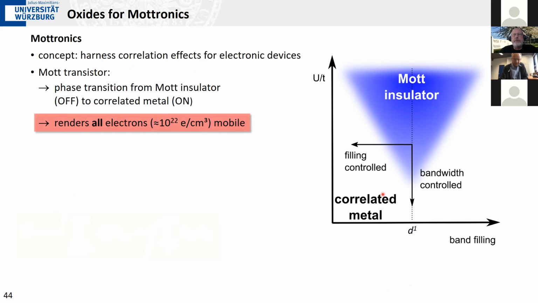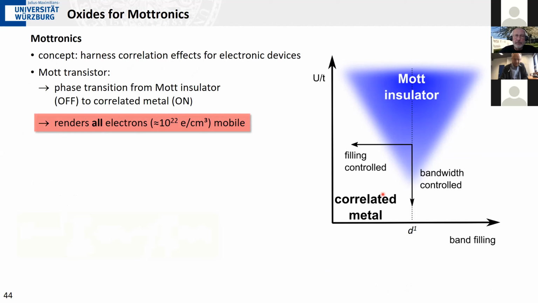This is, first of all, just for our fundamental understanding of what's going on in these materials, but there have also been some suggestions that one can use this for functionalities, for applications maybe. There is this concept of the Mott transistor where you drive this phase transition by some external stimuli, and you go from an insulator, that's the off state of the transistor, to a correlated metal, which is then the on state.